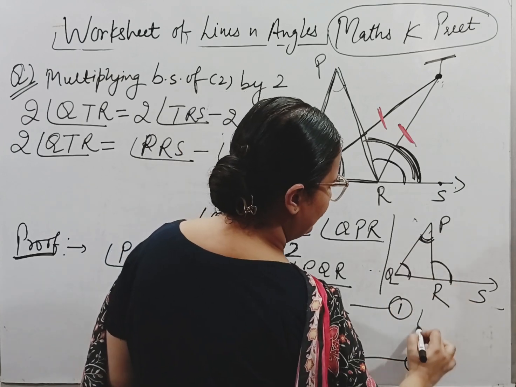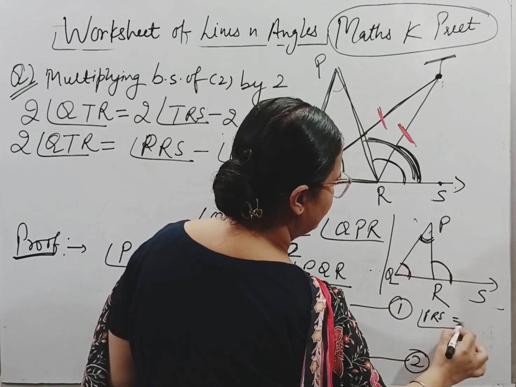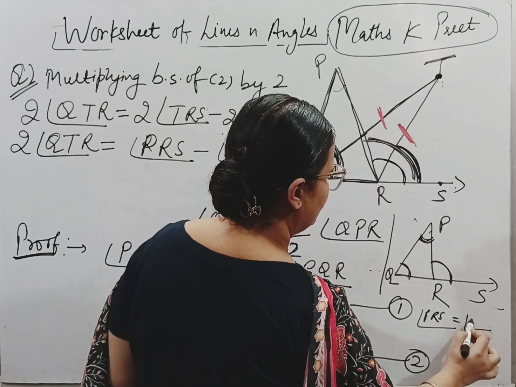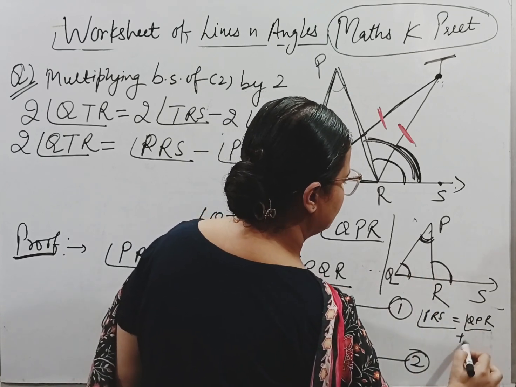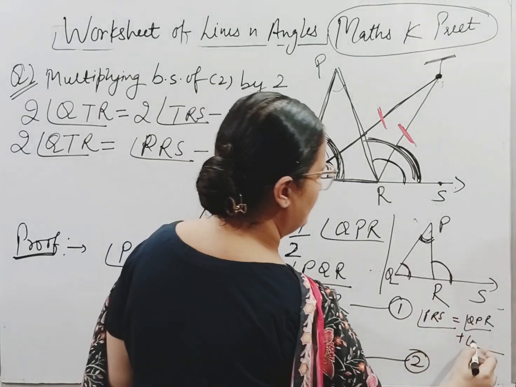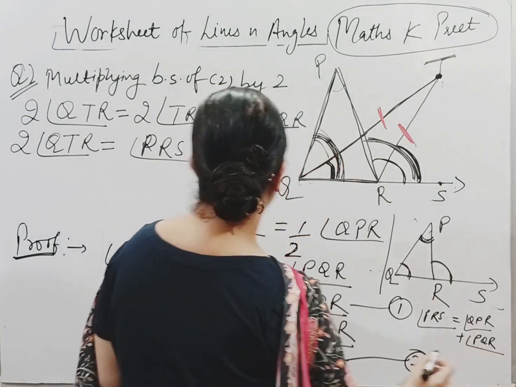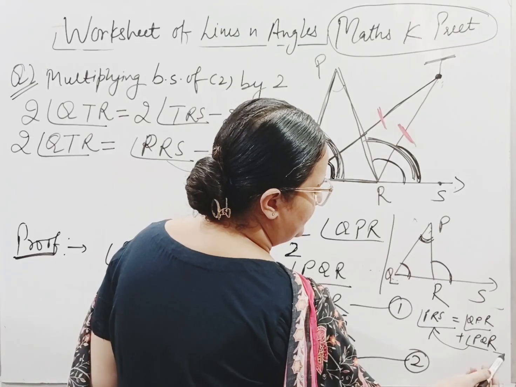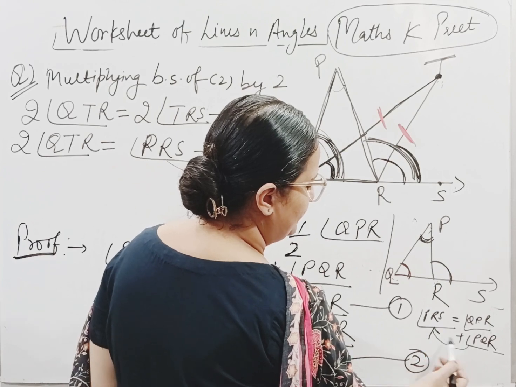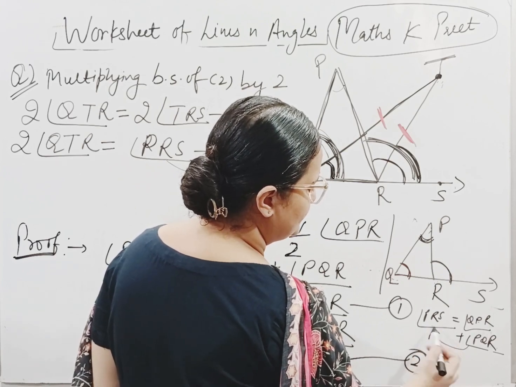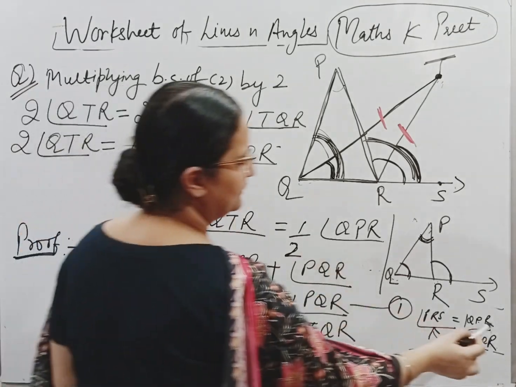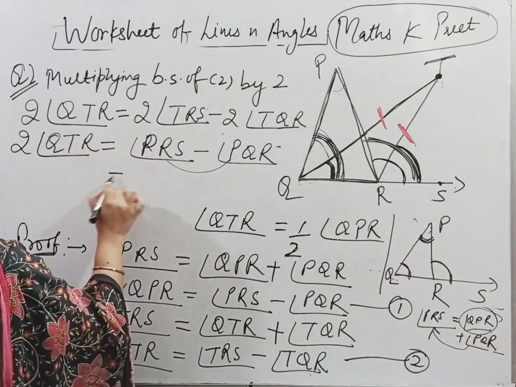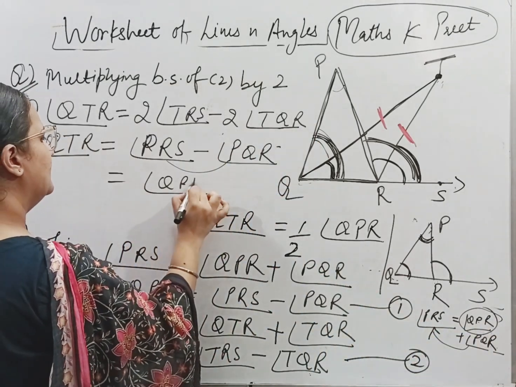Because this is an exterior angle, so PRS can be written as the sum of these two angles, QPR plus angle PQR. So if I take this PQR on the left hand side, it will be minus. So I will get angle PRS minus PQR. This will be equal to QPR.